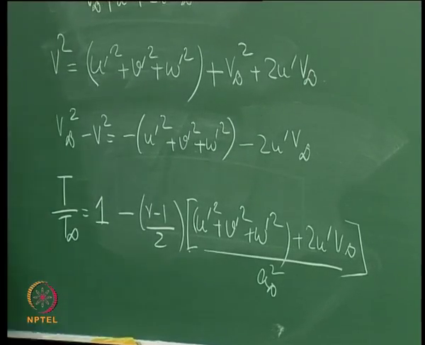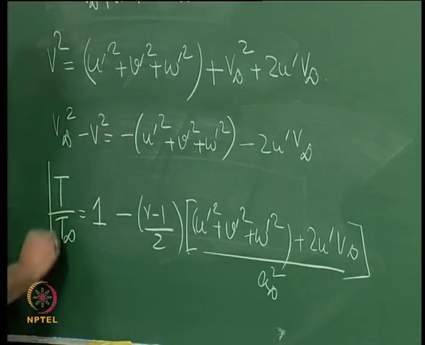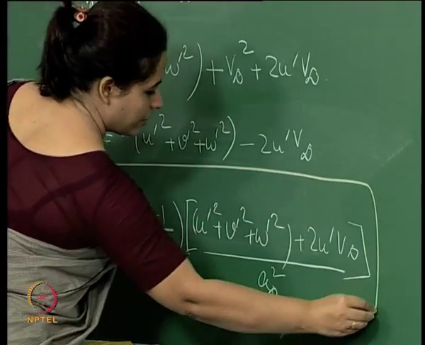So this is what we get for T by T infinity.